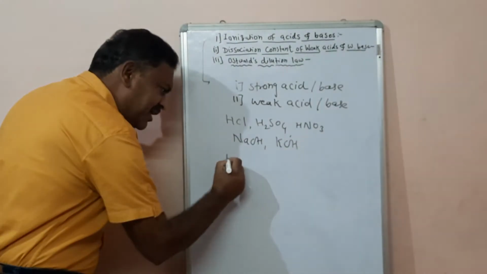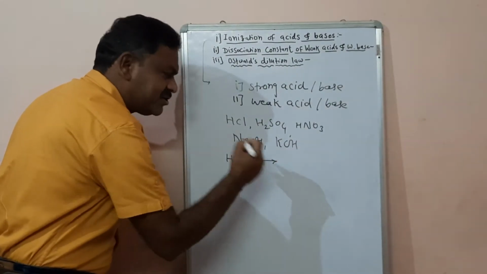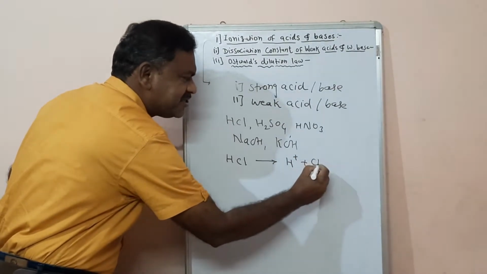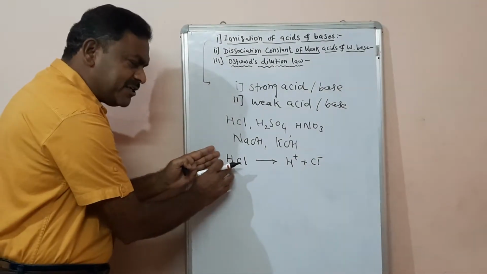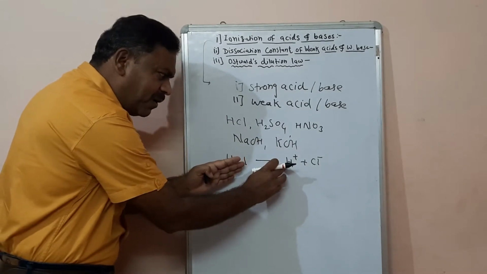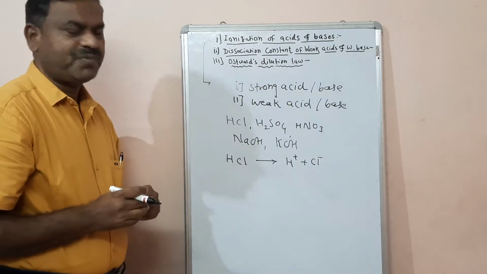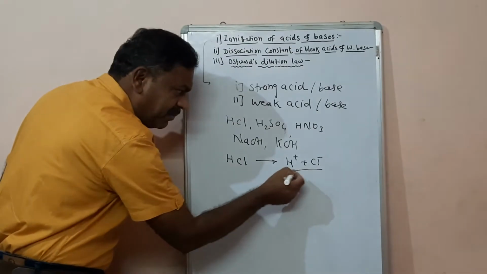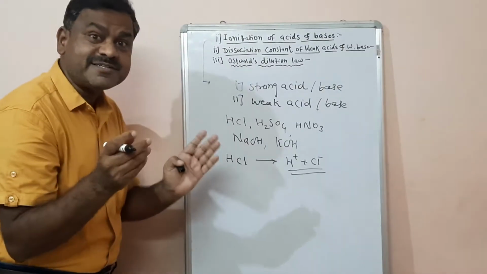Now HCl is an acid which dissociates to form H plus and Cl minus ions. HCl is a strong acid which dissociates to form H plus and Cl minus ions in aqueous form. That means it is completely dissociated, completely ionized.